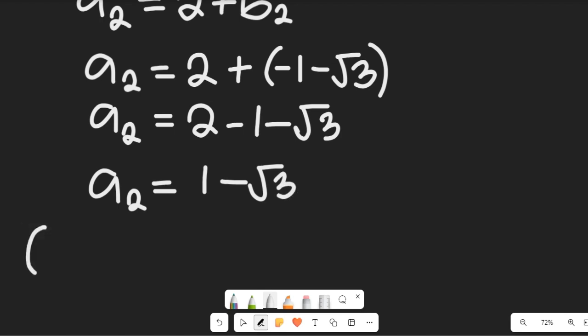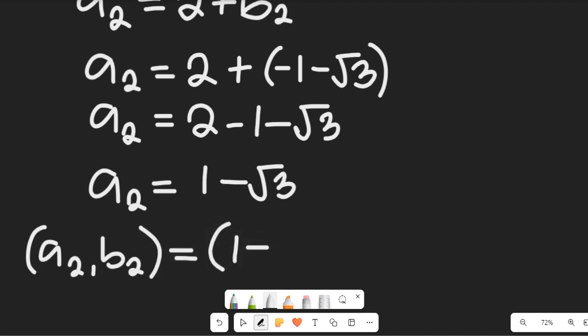So from this expression, if we have our a2, comma, our b2, we'll find out that this will be equal to 1 minus root 3, and then we're going to have negative 1 minus root 3.